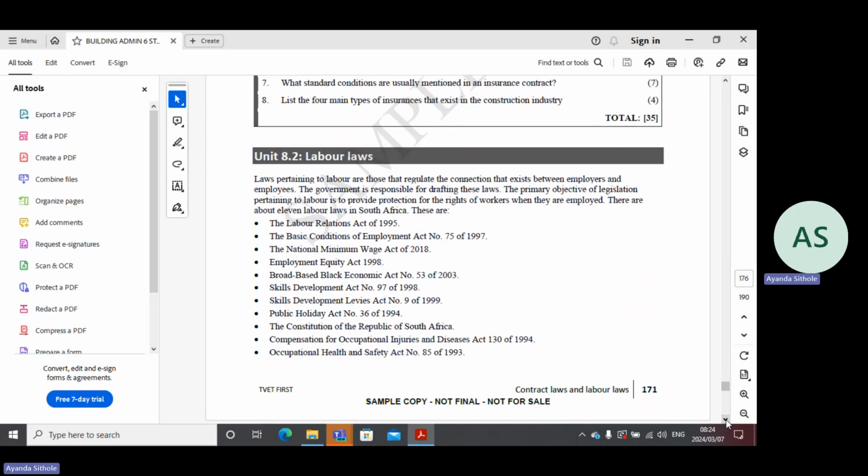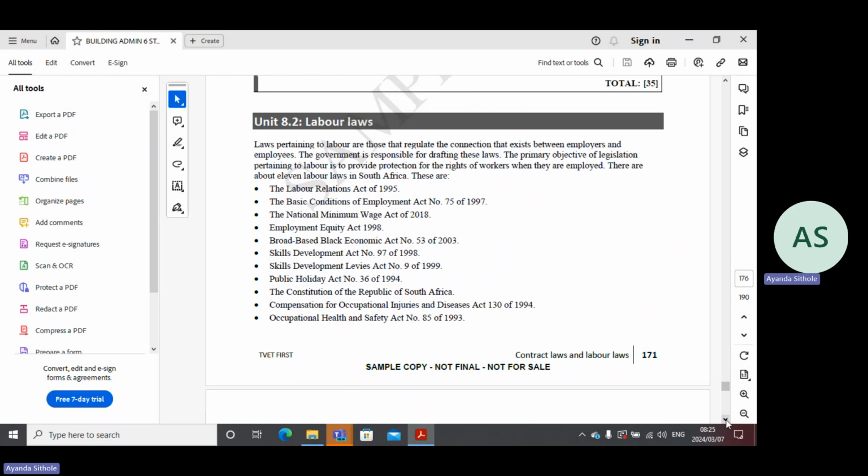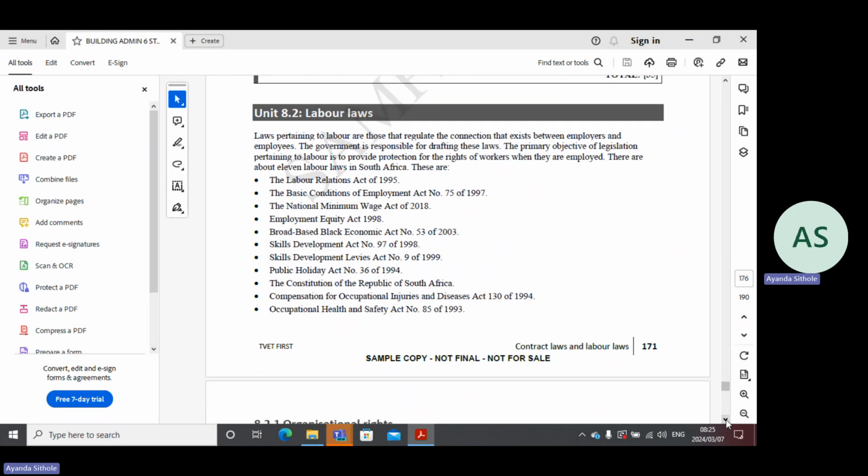Now let us look at Unit 8.2, the labor laws. Laws pertaining to labor are those that regulate the connection that exists between employers and employees.